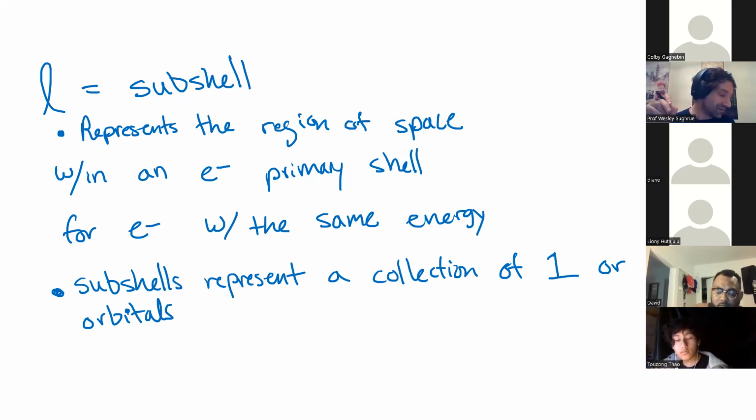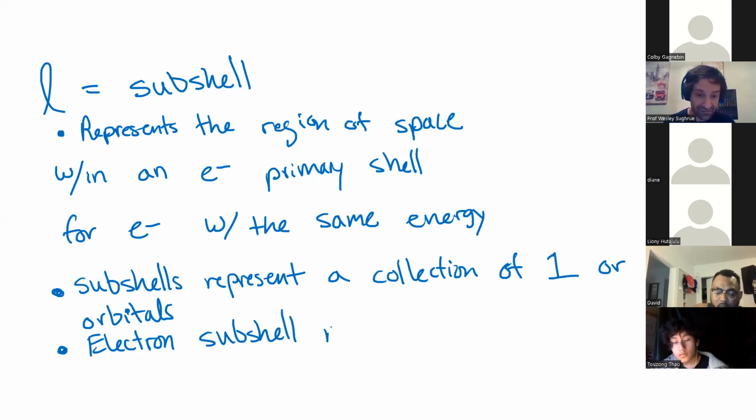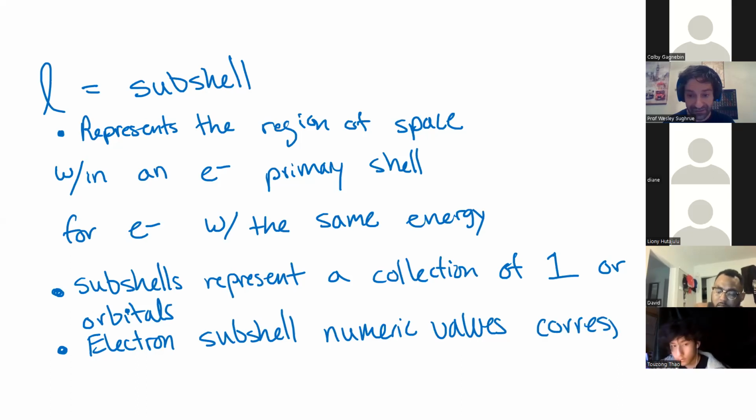So we'll say the last qualitative thing, which is electron subshell numeric values correspond to specific subshell symbols.